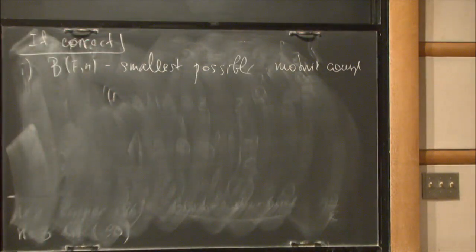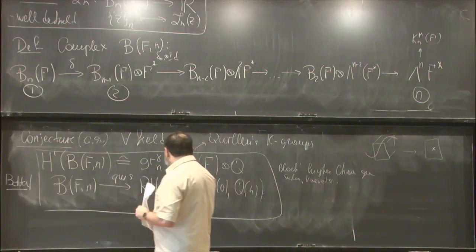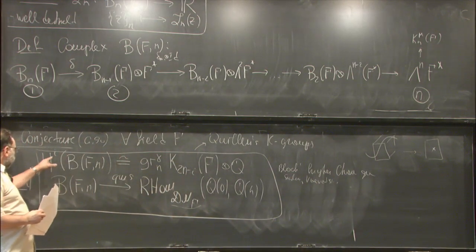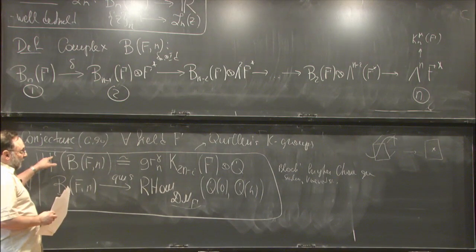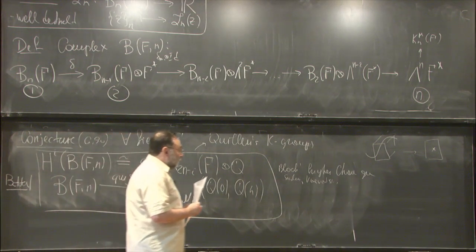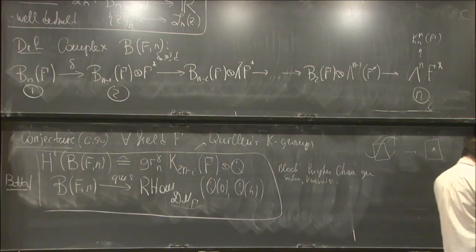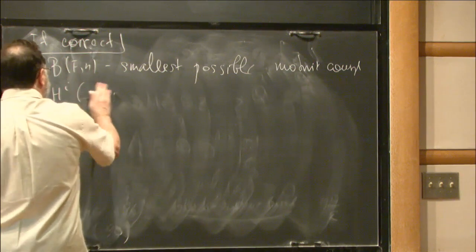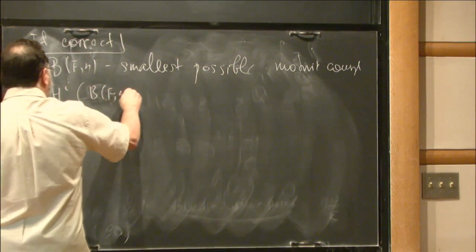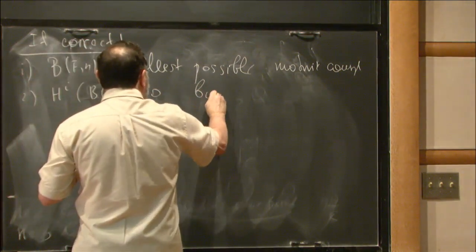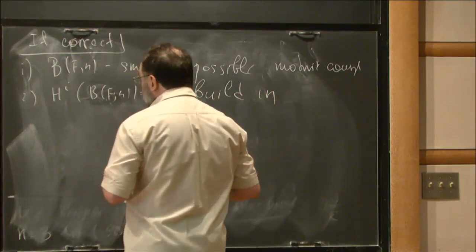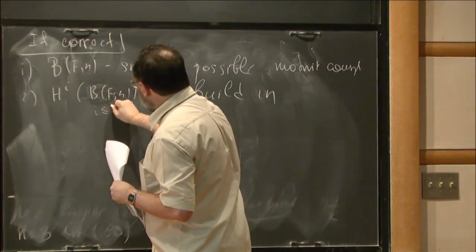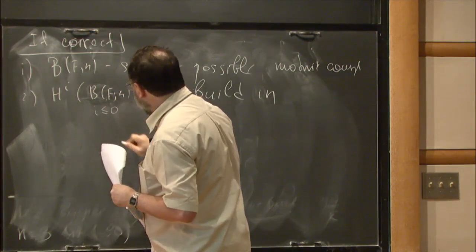Secondly, the reason we don't have an abelian category of mixed motives is that there is this vanishing conjecture, which says that H^i, when i is less than or equal to 0, has to be 0. So in this definition, it's built in. So here H^i of this complex equals 0 is built in, which means that we have it absolutely when i is less than or equal to 0.